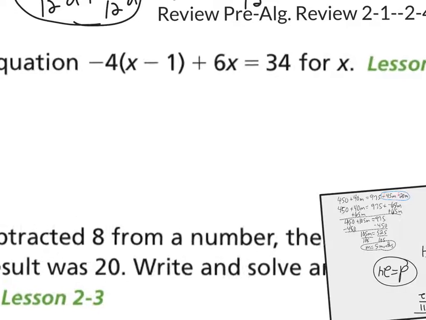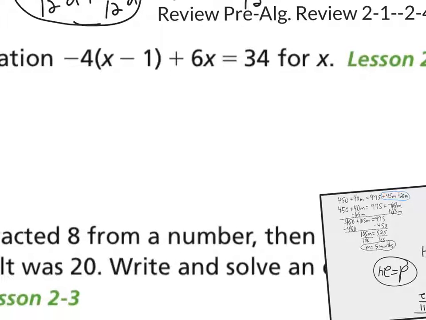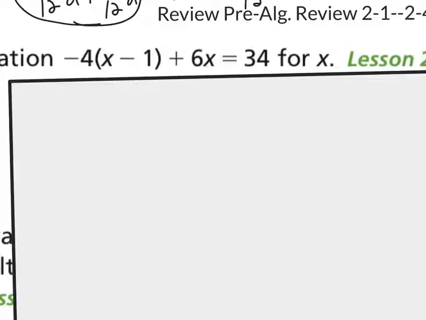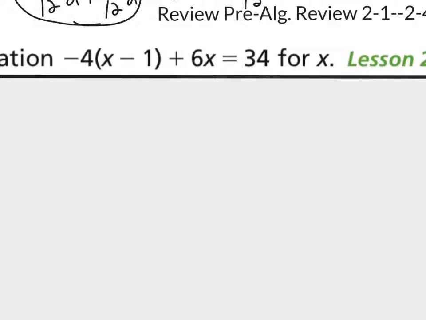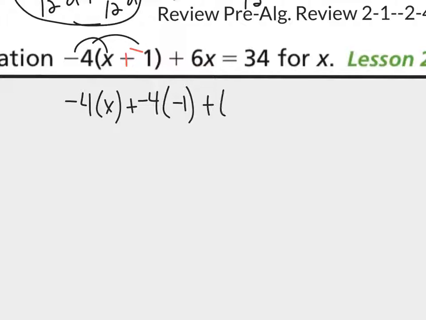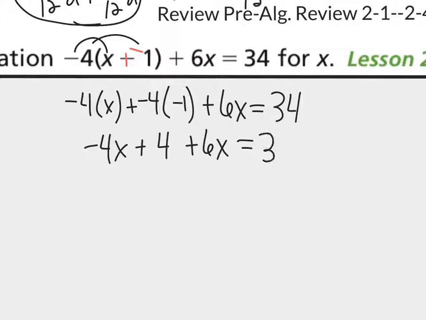Number 5, if you are going to work this out, you need to distribute. Before you distribute, you may want to add the opposite here. And then we have like terms we can combine.